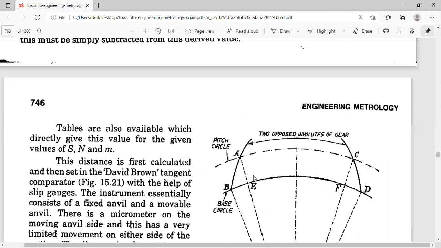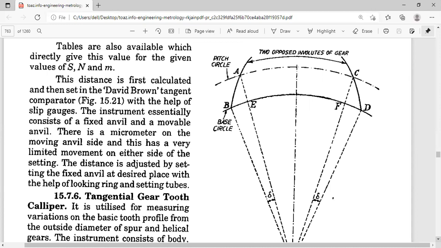This is also one of the methods we use for setting the base pitch by the base tangent micrometer or the David Brown tangent comparator. But the earlier method is as simple as that, because it is portable. It can be moved from one place to another, but that is not the case with the David Brown. It's not portable, so you can compare the two instruments.